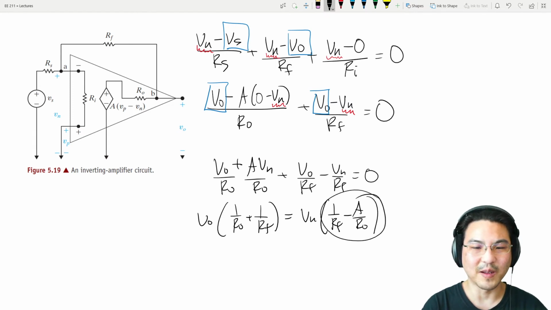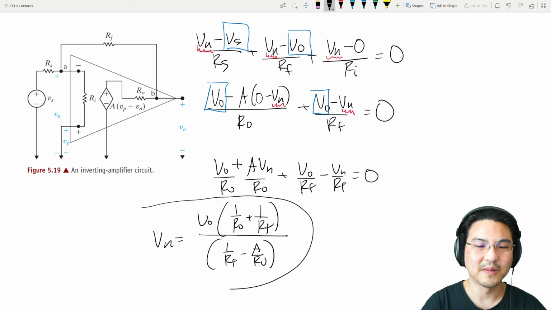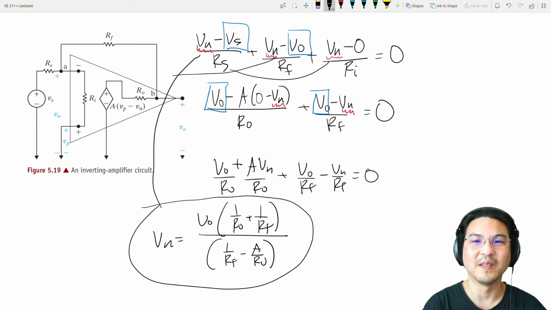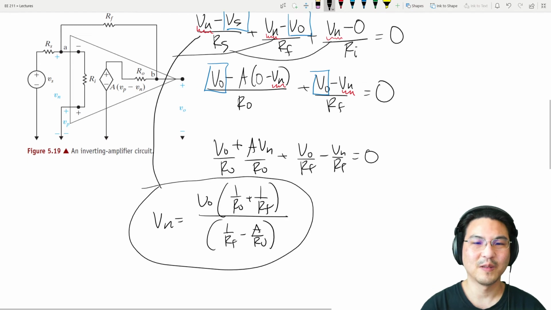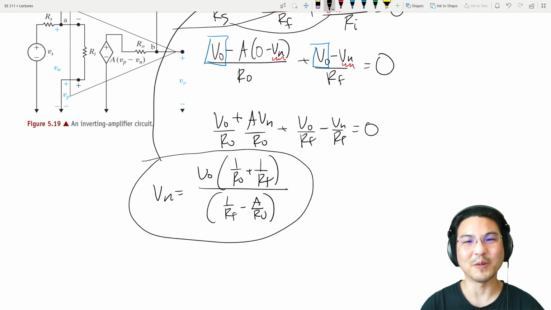Okay, and then put this in the denominator here. And then this is Vn. Then take this and put it here. Okay, and then we're left with one equation with Vo and Vs, and then just move everything Vo on one side of the equation, move everything Vs on the other side of the equation.